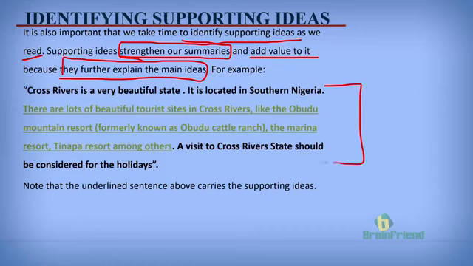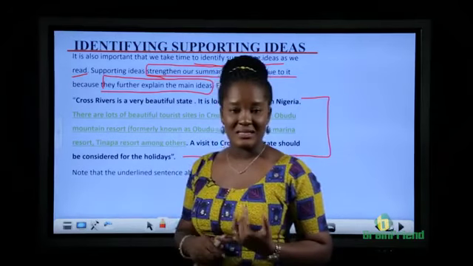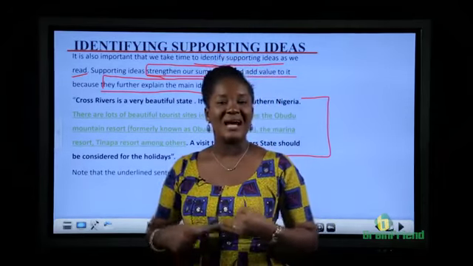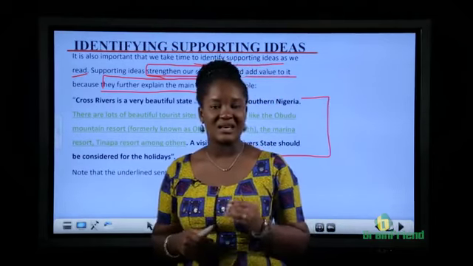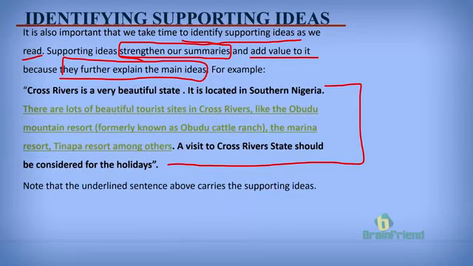Now, if you look closely at this paragraph we have just read, we would find the main idea and supporting ideas. Before we identify supporting ideas, can we identify the main idea? Yes, we can.